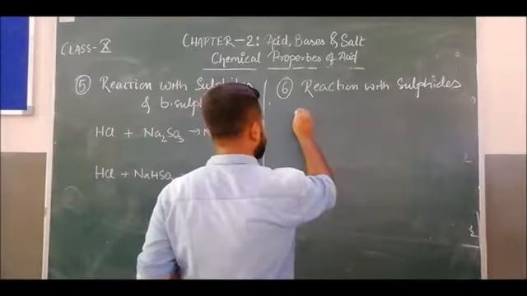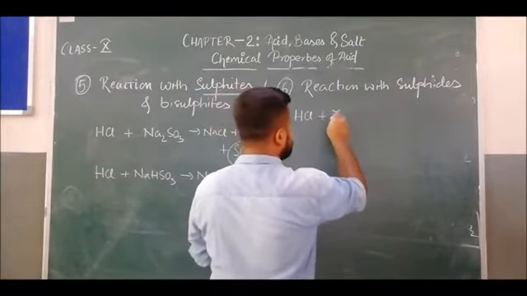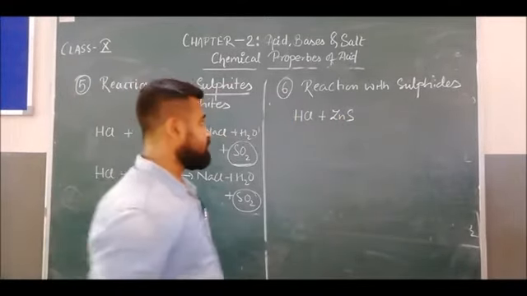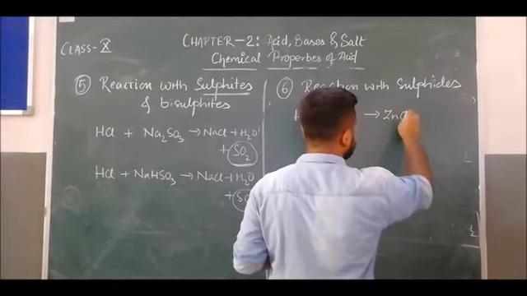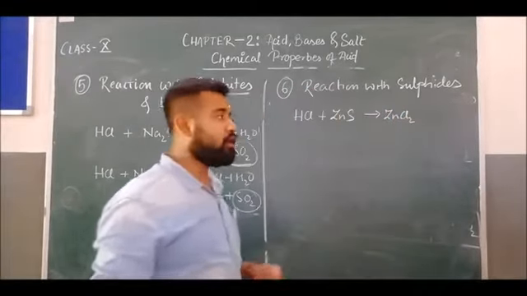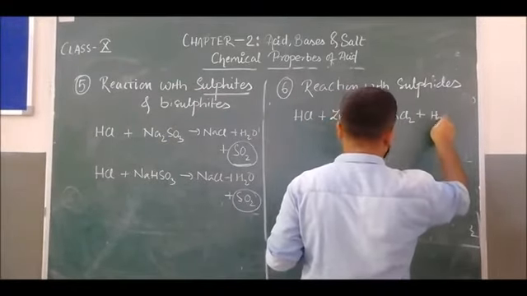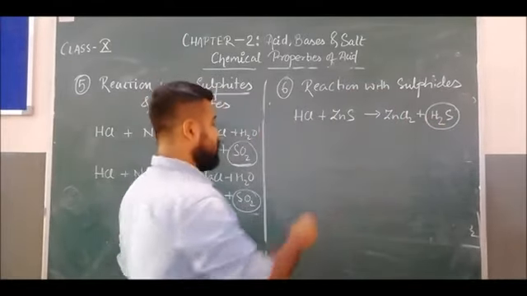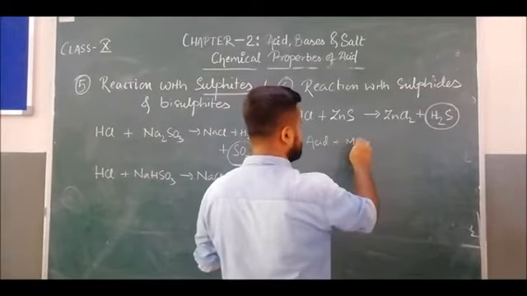Suppose there is HCl plus ZnS, zinc sulfide. It gives zinc chloride, ZnCl2, salt, plus H2S gas.